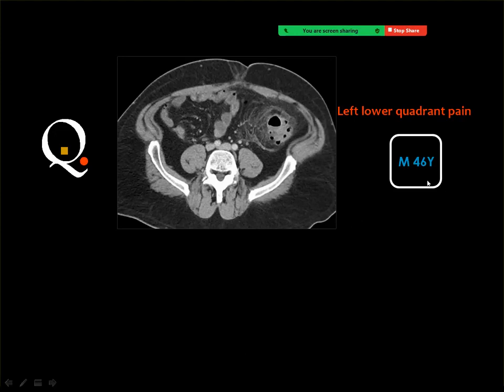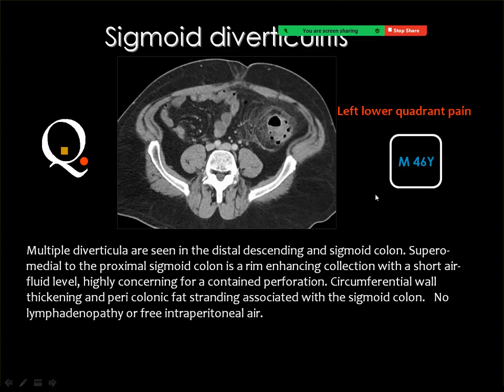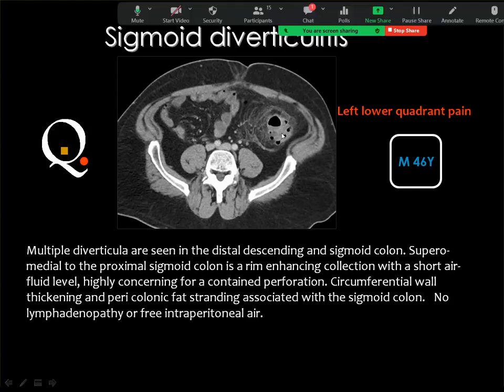Next case is a male, 46 years old, with left lower quadrant pain. Diverticulitis. Yes, and this is sigmoid diverticulitis. The sigmoid colon has a relatively thickened wall. You should see patent diverticuli containing air to settle this diagnosis.